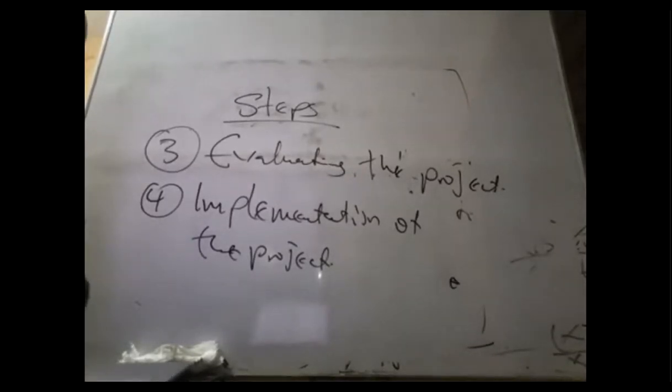Now, what do you think after implementation? What will be the next step? After you have successfully evaluated the project, you've implemented it, it's going on, you are receiving some money inflow, some outflow. What's the next procedure?